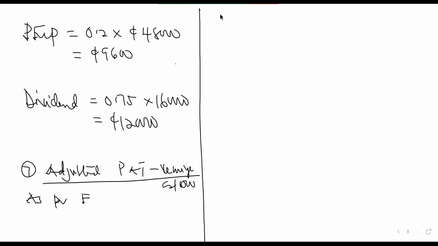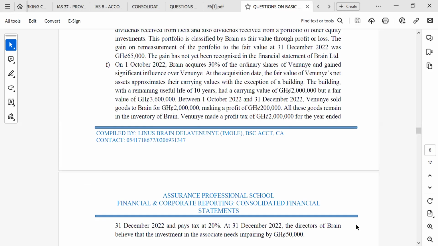As per the footnotes, what is the profit made for the year? After tax, profit after tax is what? 2 million. Okay. But when was these people acquired? When was the acquisition date? 1st October, sorry.